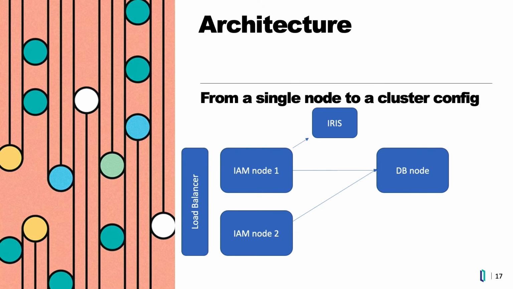And if you then want to add even more high availability to the system, you want to add a secondary DB node. Because if your database node goes down, then you can't spin up new instances of IAM, because they have no DB to connect to and no way to load the configuration. So you want a secondary node of your database.